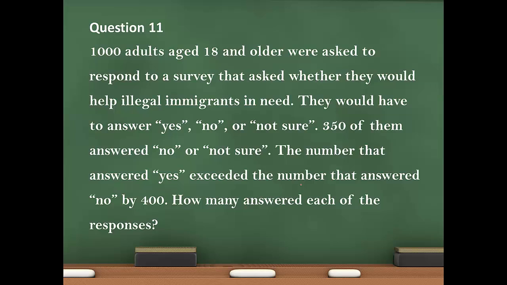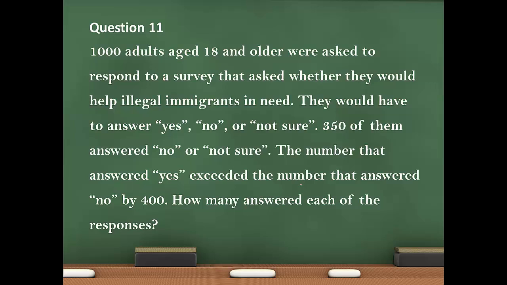The number that answered yes exceeded the number that answered no by 400. How many answered each of the responses? Please, as usual, when I do videos, I tell my students before I begin the next question, it is recommended that you pause it and try it on your own before you play it again.